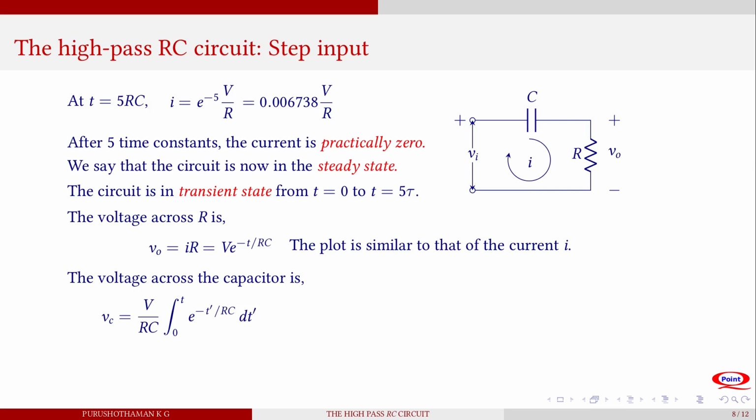The voltage across the capacitor is 1 by C integral i dt. That is our expression. So 1 by C into V by R integral 0 to t e raised to minus t dash by RC dt dash. Here also we use the dummy variable so that t dash and t are not confused.